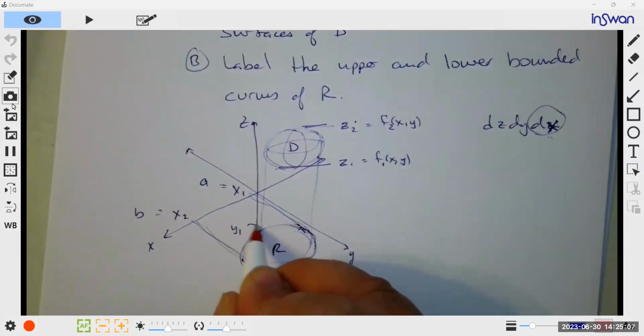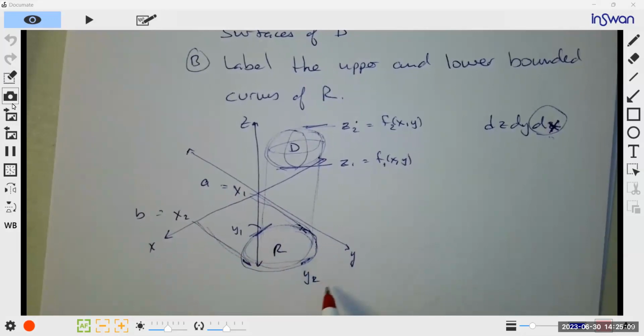This is Y1, this is Y2, and that's some other function.